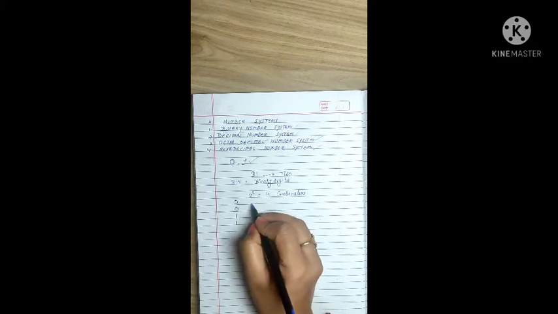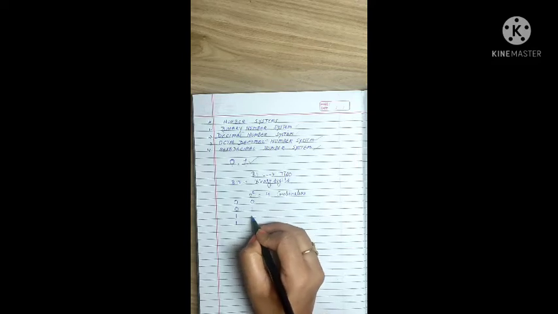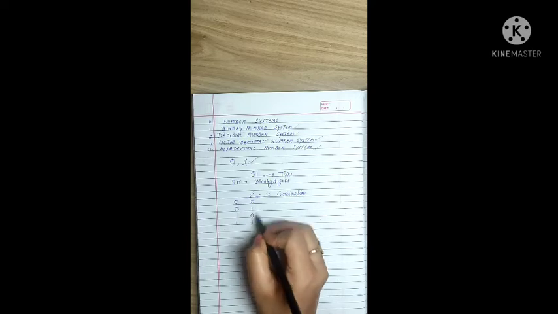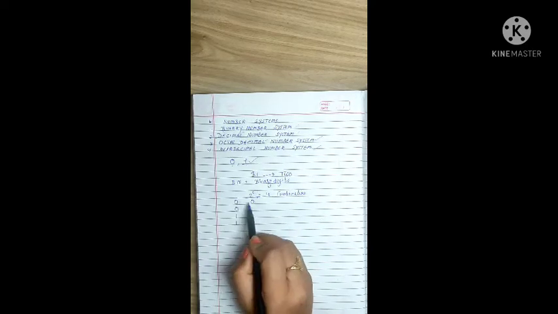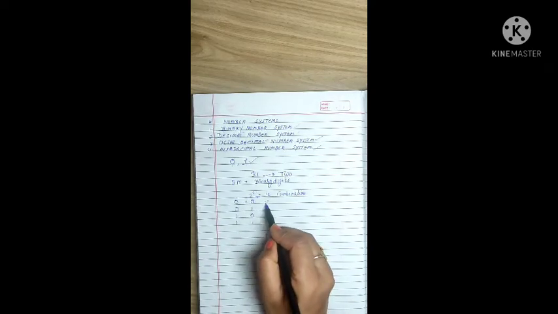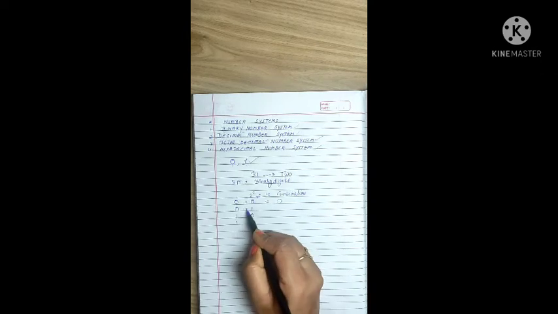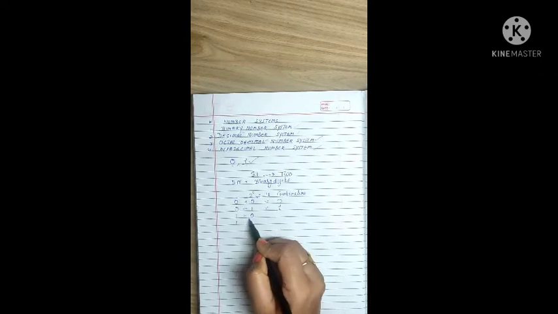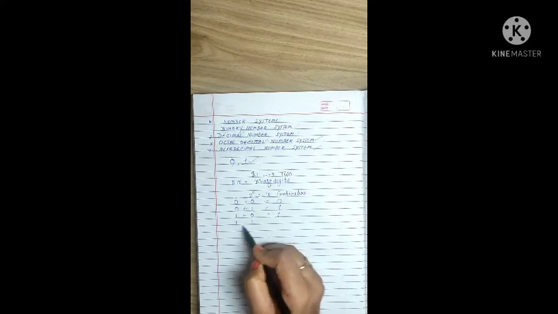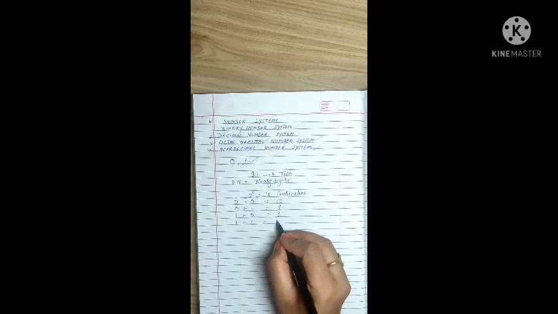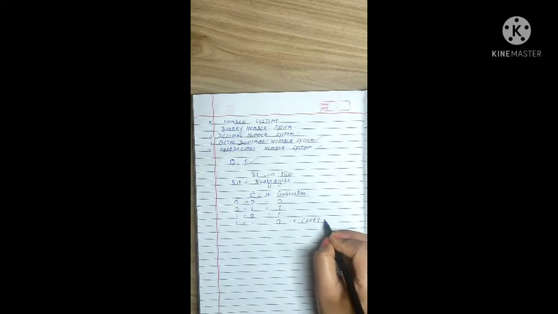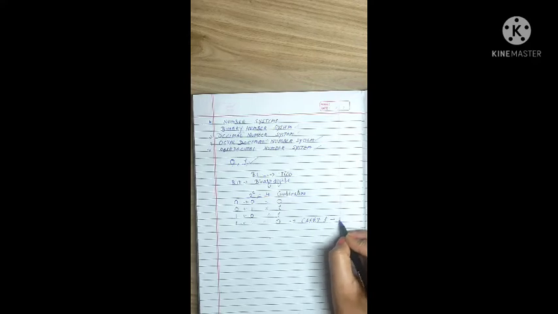Then in the second row, 0, 1, 0, 1. So these are the 4 combinations. Whenever you add 0 plus 0, it will be equivalent to 0. 0 plus 1 will be equivalent to 1. 1 plus 0 will be equivalent to 1. And if you add 1 plus 1, it will be 0 with a carry 1, which will go to the next higher value.